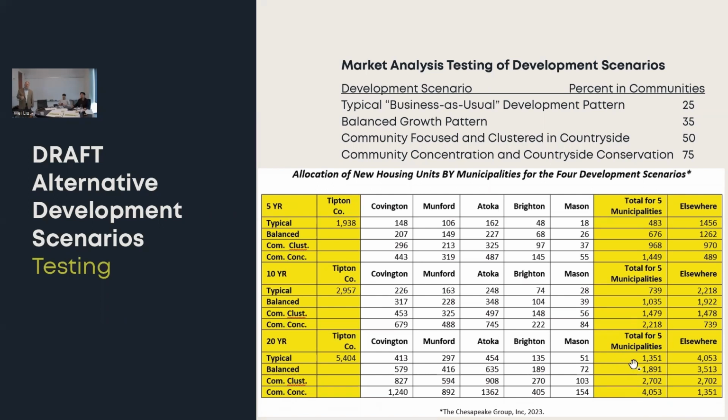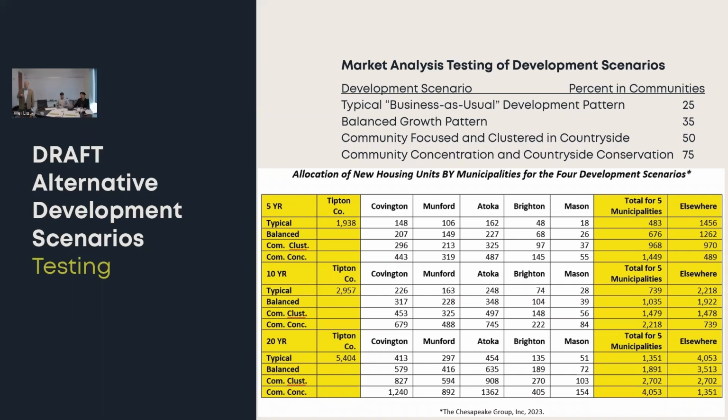So you're concentrating that development within those existing communities, and then on the opposite side, the elsewhere, those numbers start high at the top because a lot of that development is occurring way out in your farmland and unincorporated areas, and then it shrinks as it goes to the bottom as you're concentrating in your communities in those scenarios.